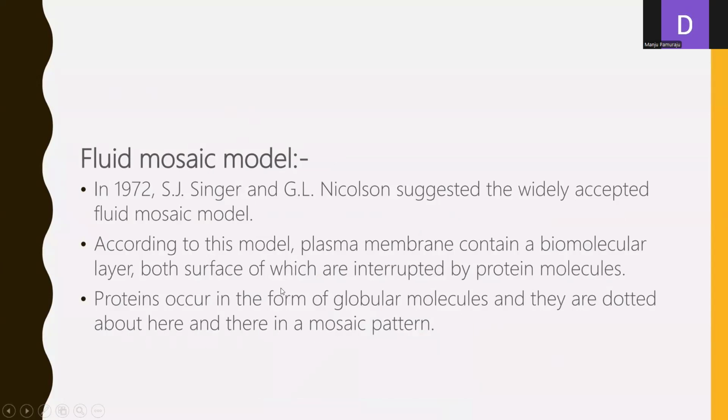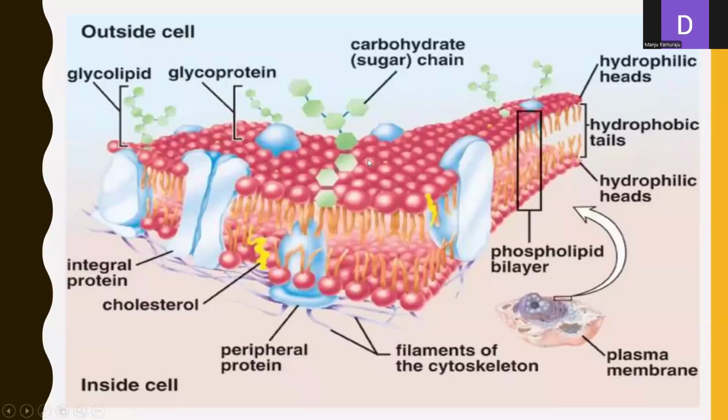Here the bimolecular layer of lipid is present, on which these protein molecules are arranged in a scattered mosaic. So this is totally a lipid layer on which the proteins are arranged in a mosaic model. Some proteins are intrinsic proteins and some proteins are extrinsic proteins.